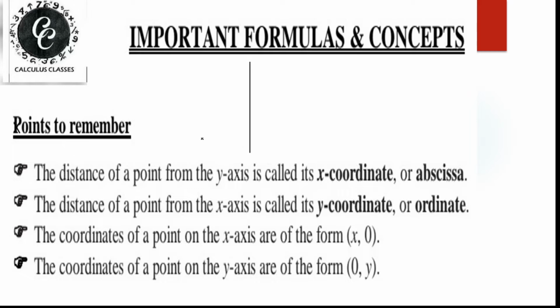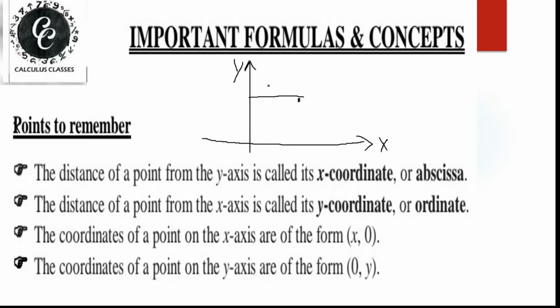As you can see in the first point written on the screen, I drew a coordinate system. This is the x-axis and this is the y-axis. Suppose I take a point here, and I take the distance of this point from the y-axis.